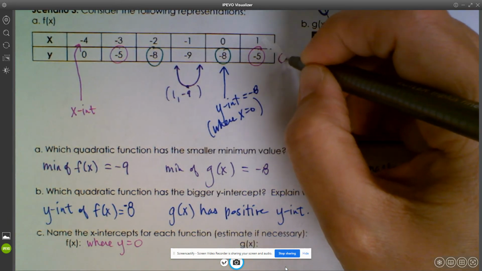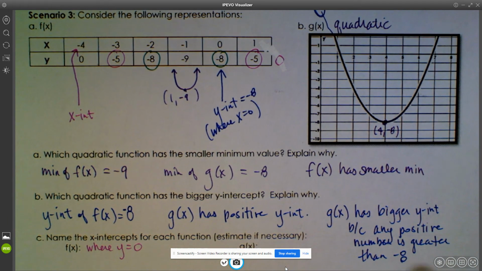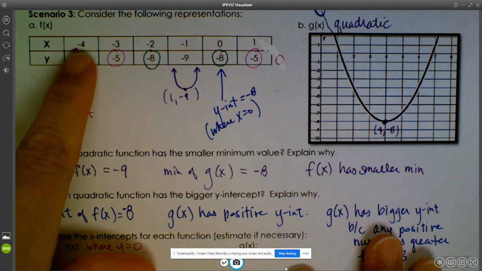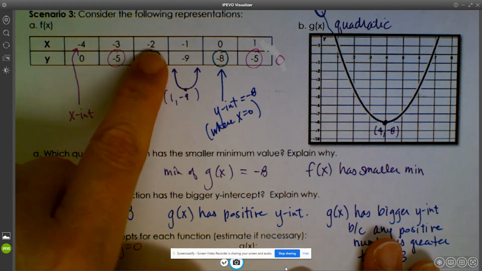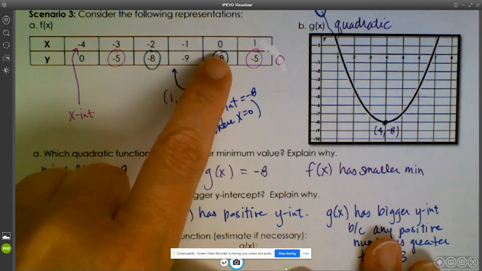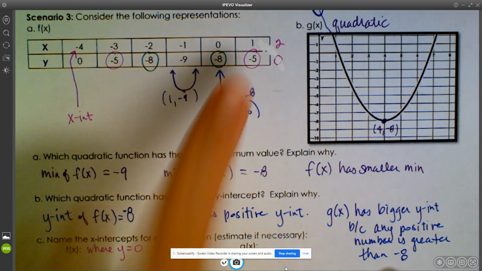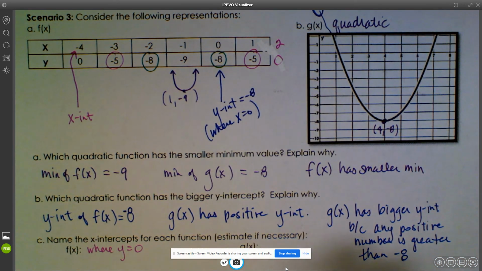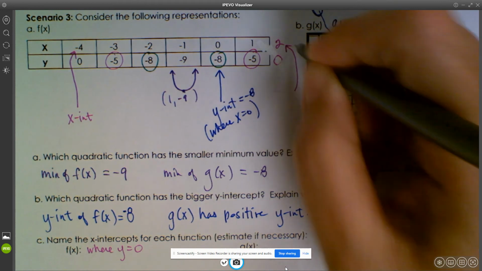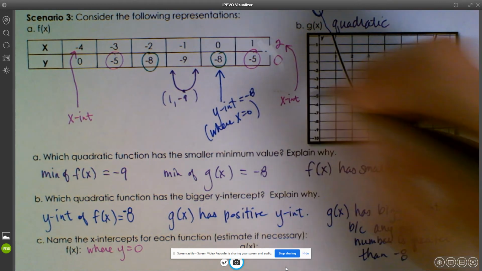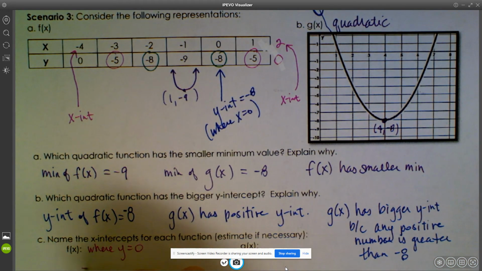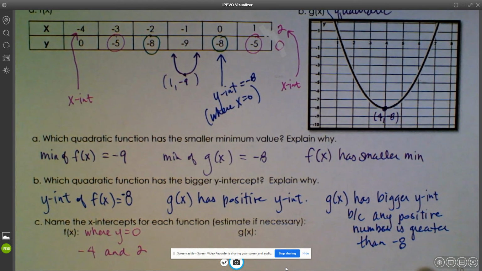So I'm actually going to fill in this missing value. And what is its corresponding x-coordinate? Well, let's see. We go from -4 to -3 to -2, -1, 0, 1. So I bet this corresponding x-coordinate will be 2. So this is my x-intercept. So my x-intercepts are -4 and 2.